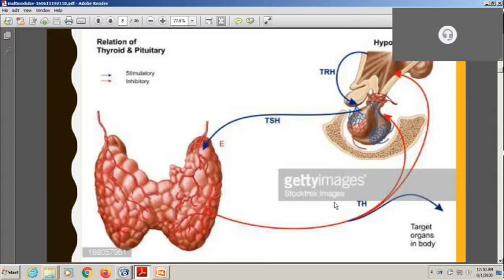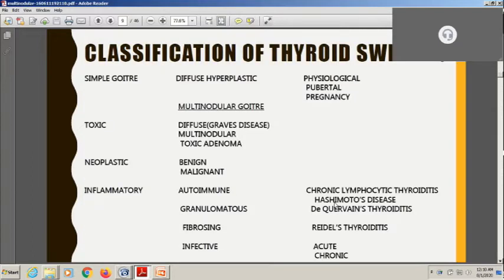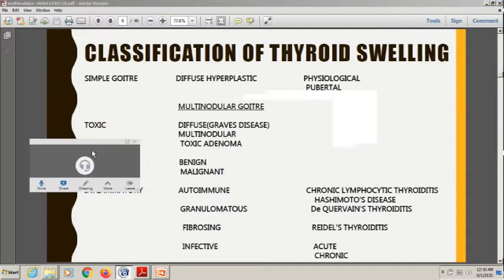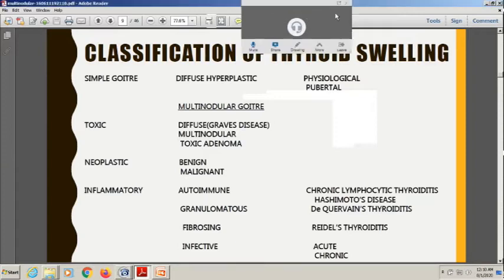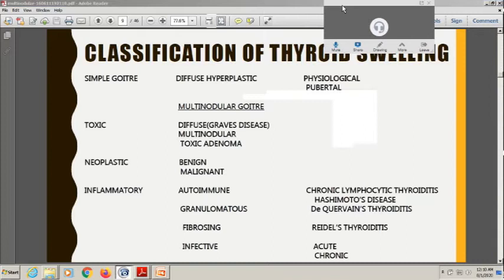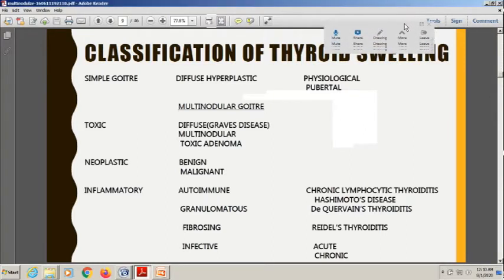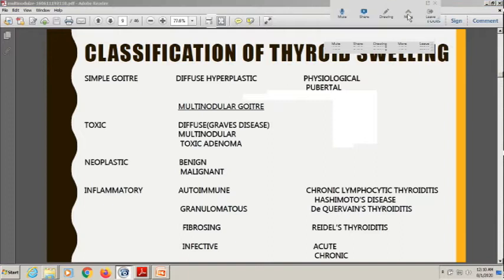Clear? Now we will start with the classification of the thyroid swelling, or classification of the goiter.